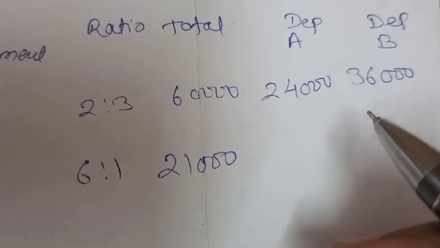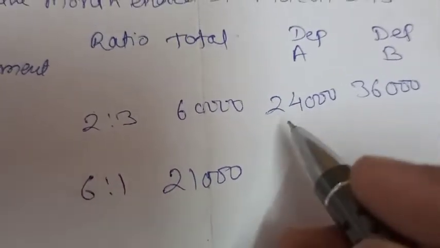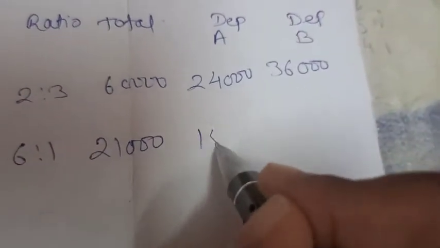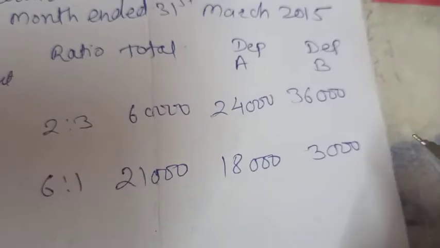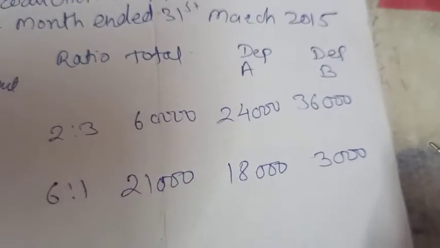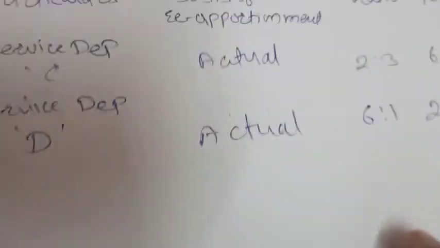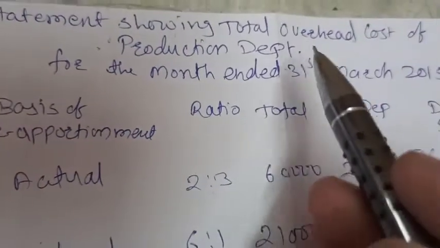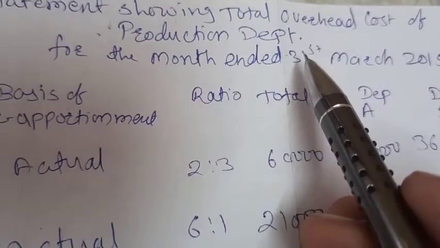So the one share is of 3000. 3000 into 6, that is 18,000 and 3000, right?